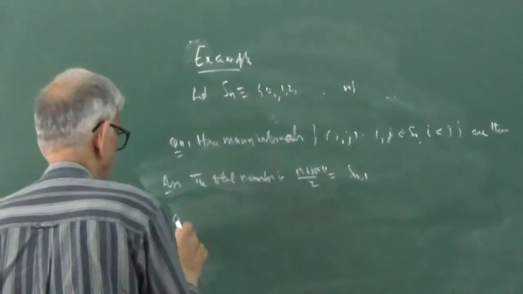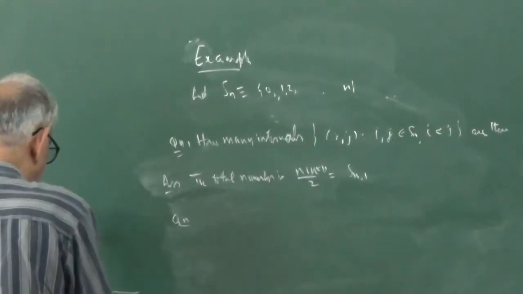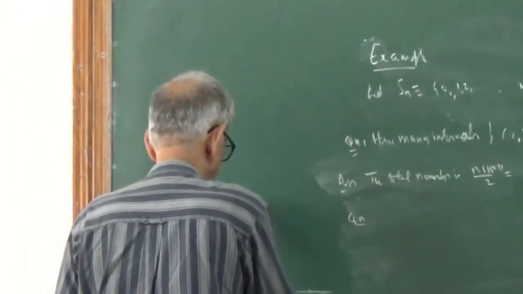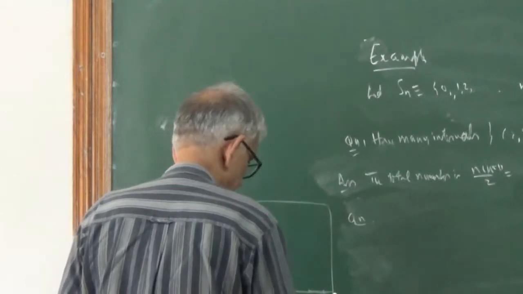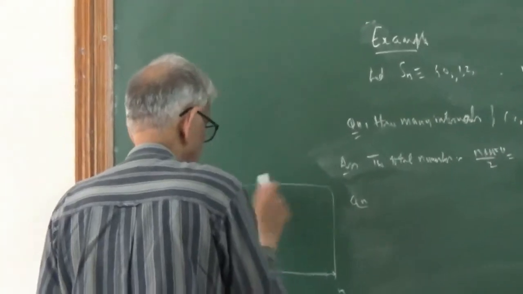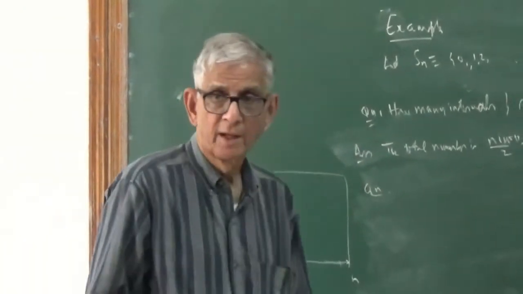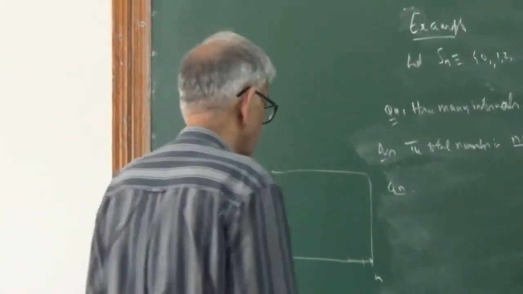And now you can ask question 2. You take an integer lattice 0, 1, 2 up to n, and then 0, 1 up to n. Consider this n by n square. How many elements are there? n plus 1 times n plus 1 elements are there.